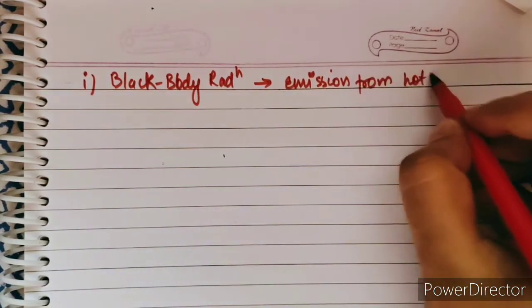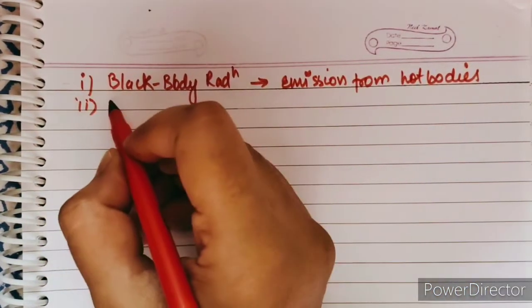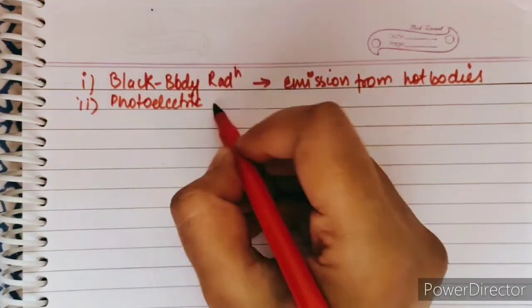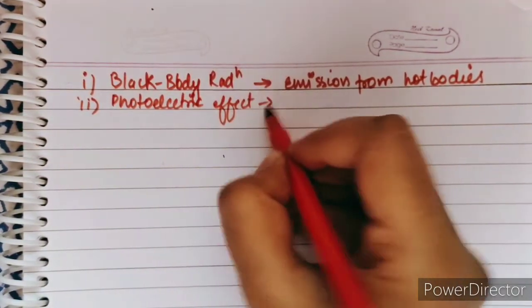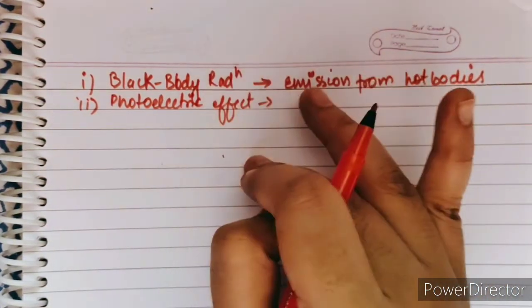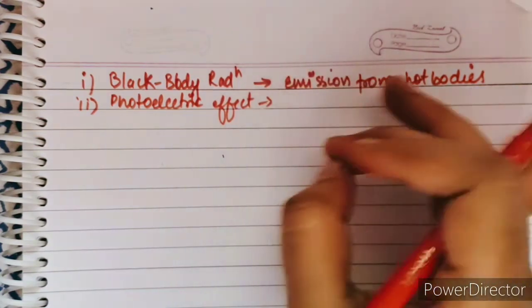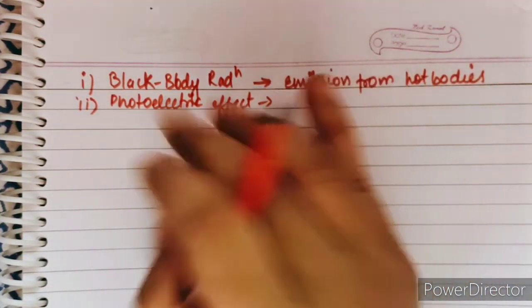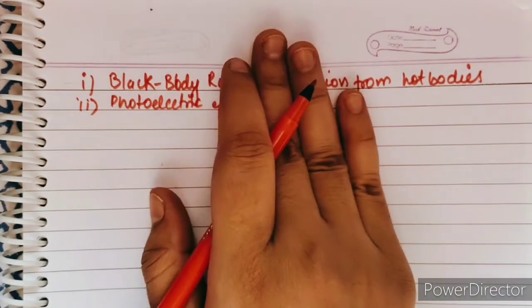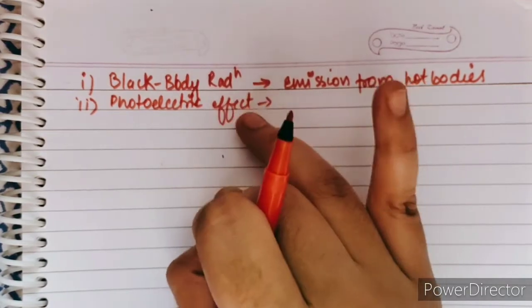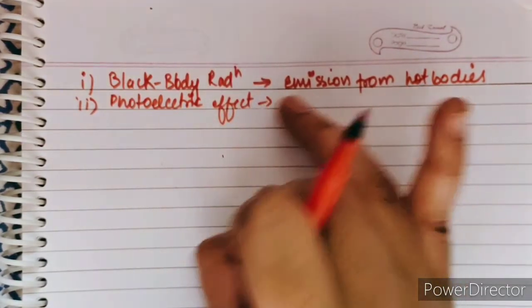The second one is photoelectric effect, that means ejection of electrons from a metal surface when some particular radiation strikes on the metal.